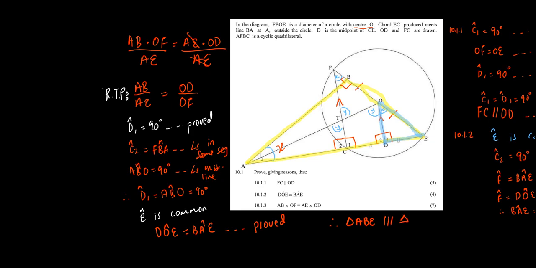Since I said AB and then I looked at this one, and the angle in between is X, I'm going to check also these two, whereby the angle in between is X. So I'm also going to say ODE.